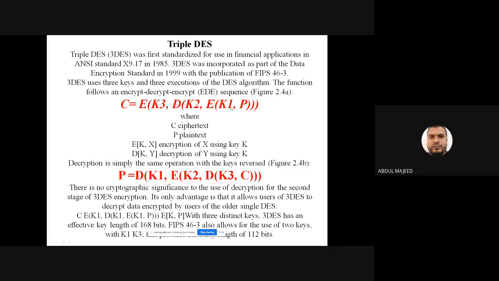Here we took K1 first, so here we take K1 last. Decrypting the ciphertext generates a plain text. That we again encrypt with the help of key K2, and it produces some output. That output acts as input to the decryption algorithm, and with the help of key K1 it decrypts it and produces the plain text.